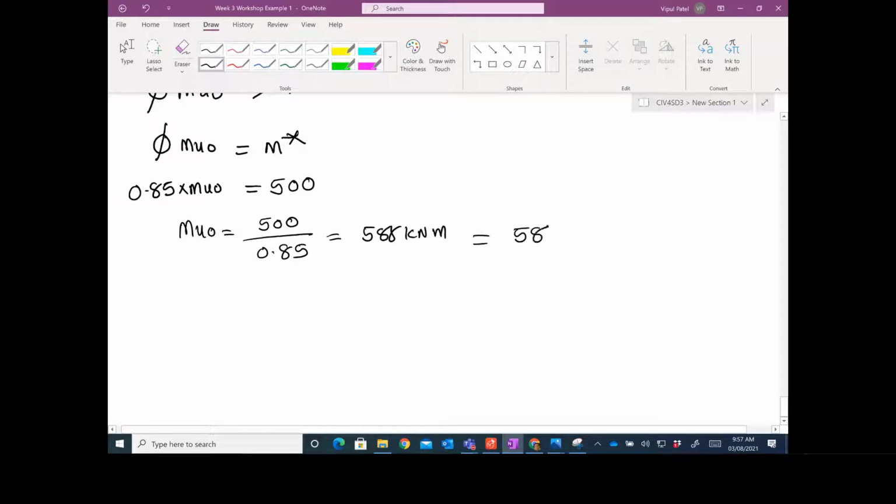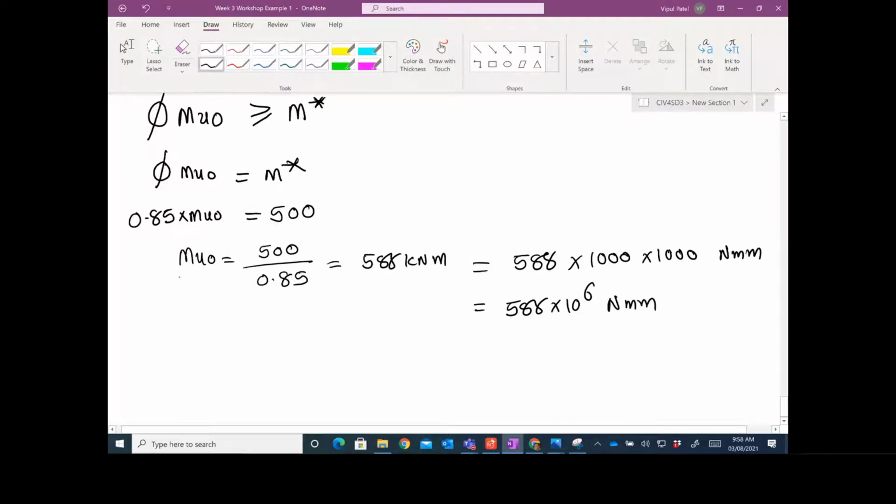I like to work in newtons and millimeters, so I multiply by 10 to the 6. So 588 times 10 raised to 6 newton millimeters. So this is Muo now, which is 588 times 10 raised to 6.